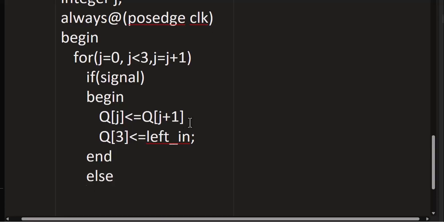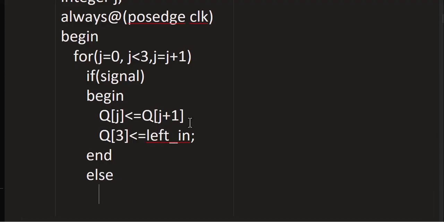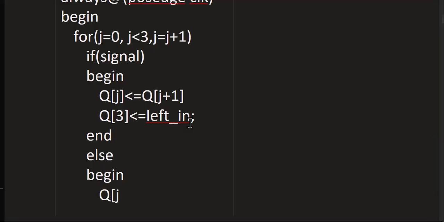Else begin, Qj becomes equal to Qj and Wj.